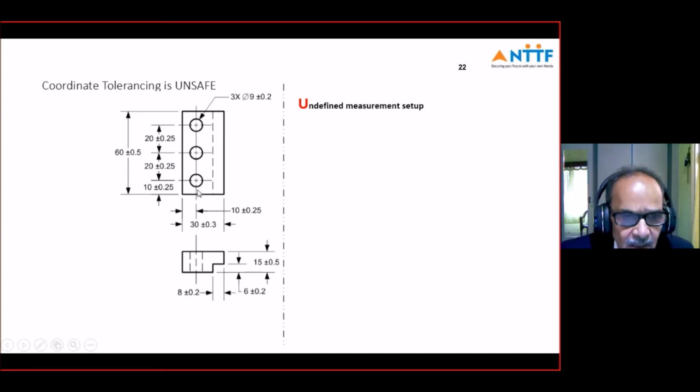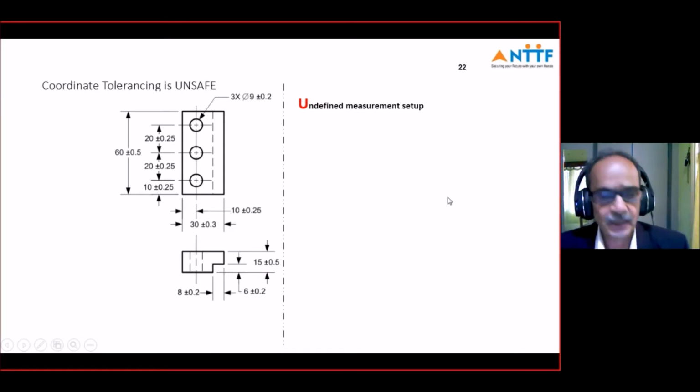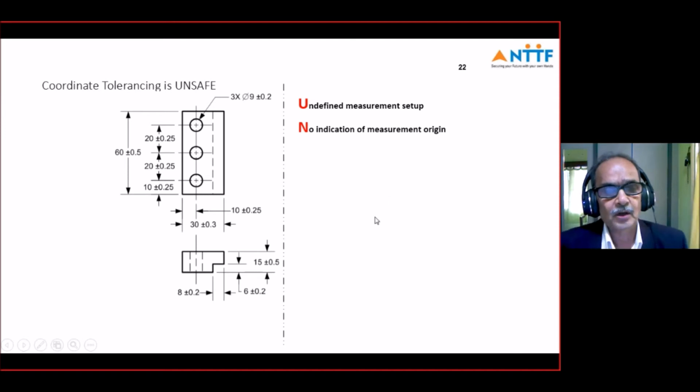Whether you measure from this side or this side, it is not mentioned. The 30 mm I can measure from this side also, or this depth I can measure from the surface, or from this top surface also. So there is no definite measurement setup explained in the drawing. Then there is no indication of measurement origin, from where I have to measure.